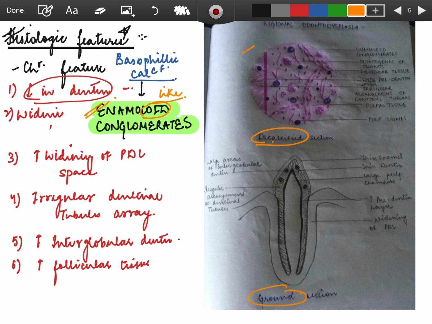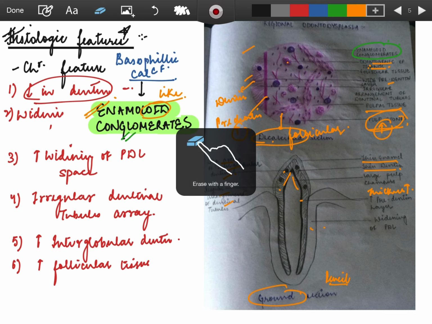This is a decalcified section and a ground section of the tooth. The ground section you have to draw with your HB pencil, and in this you can see a thin enamel, thin dentine, irregular arrangement of dentinal tubules, increase in the thickness of the predentine layer, and widening of the pedial space. In the decalcified section you can see the basophilic calcifications called enameloid conglomerates, irregular arrangement of dentinal tubules, increase in the thickness of predentine, and increased follicular tissue, and pulp stones are present in high amount.